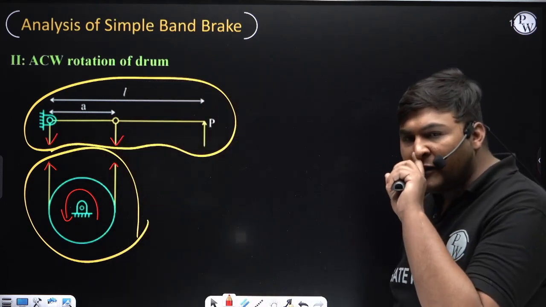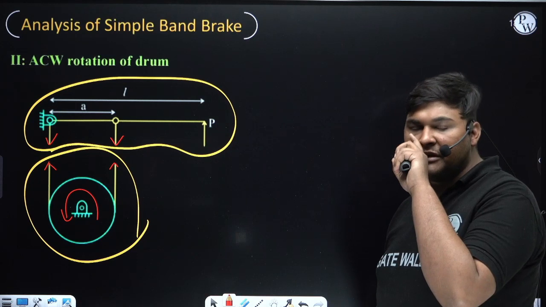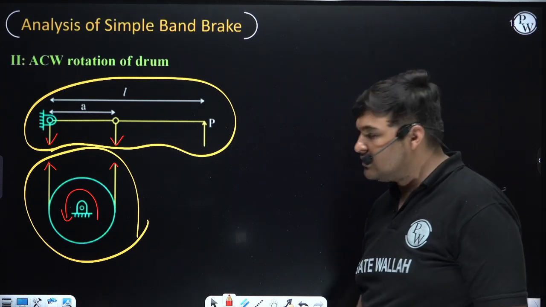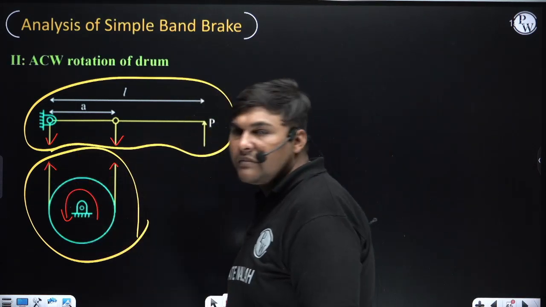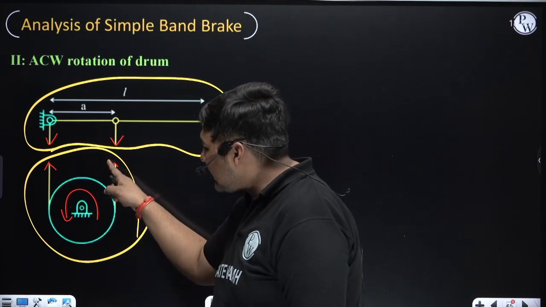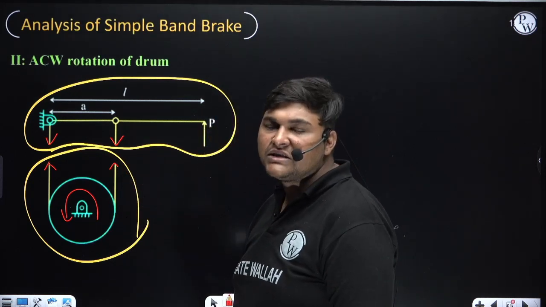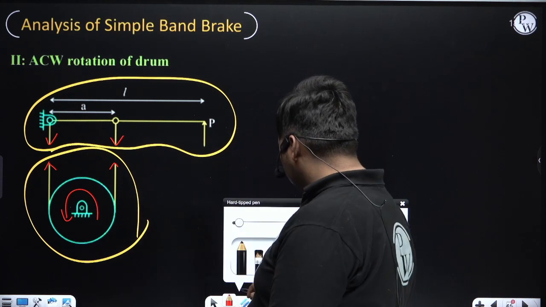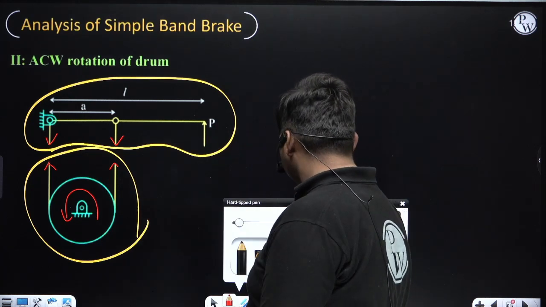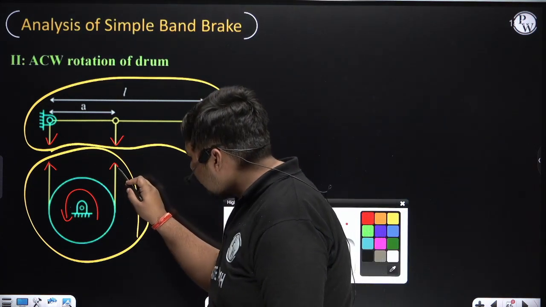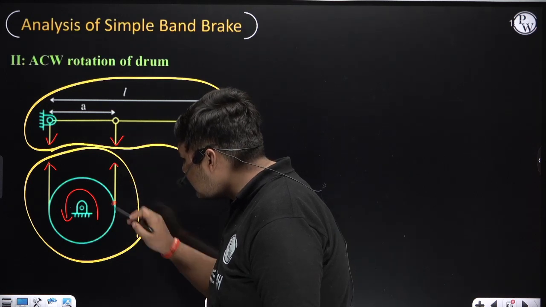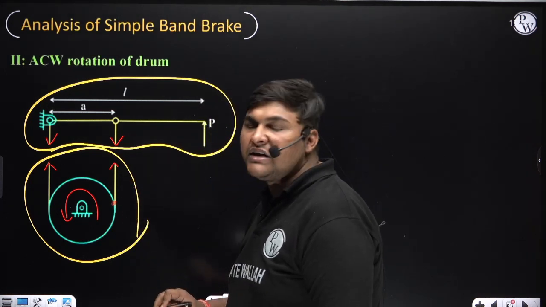Now first we need to find which side is the tight side, that is the side of tension T1, and which side is the slack side, that is the side of tension T2. For that we will use this FBD. Suppose first I am analyzing this side, whether it is tight side or slack side. This side of the band is making contact with the drum at this location. So we need to find the direction of velocity of this point.